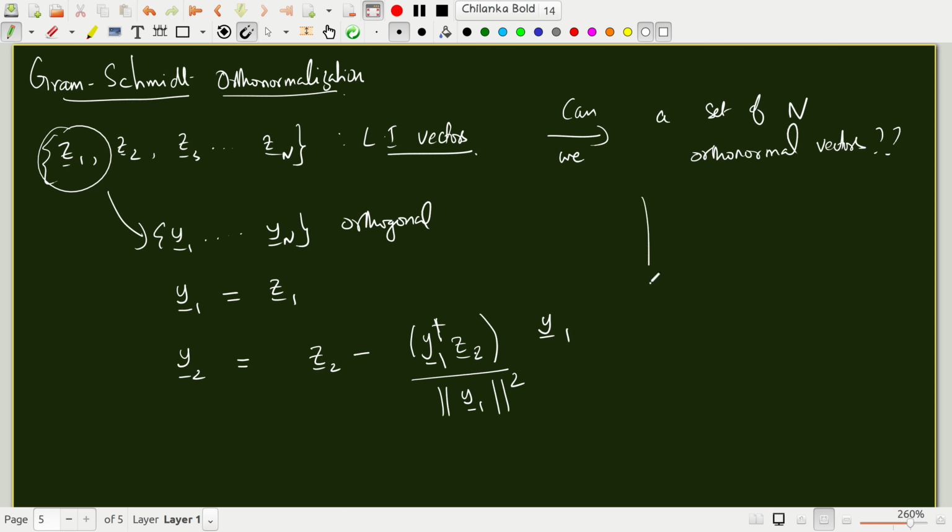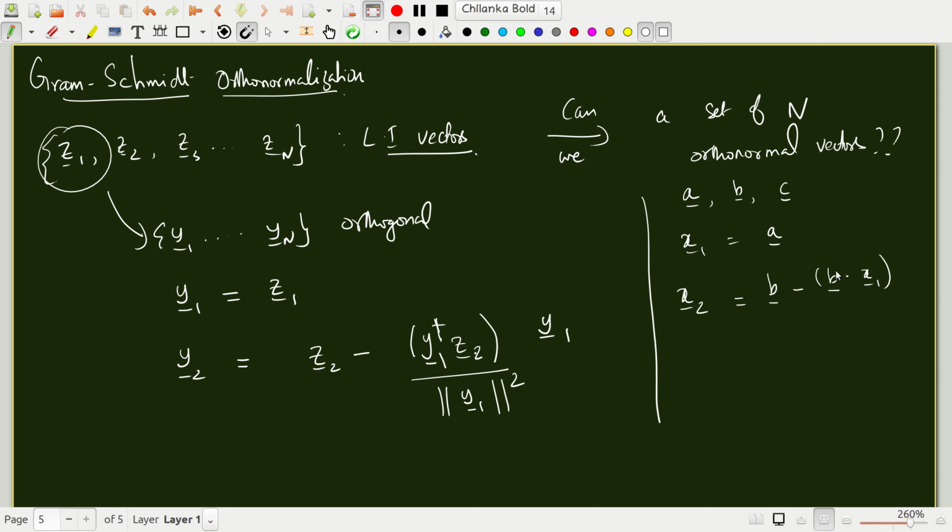To give a simple analogy, if I have three vectors a, b, c, let's assume the first vector x1 is a. Now a, b, c are not perpendicular, let's say in geometry. I want to first construct x2 from b, which is perpendicular to a. What will I do? I'll take b, then take the dot product of b along a, which is x1.